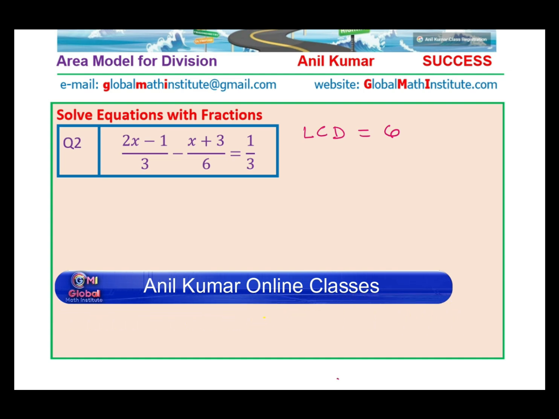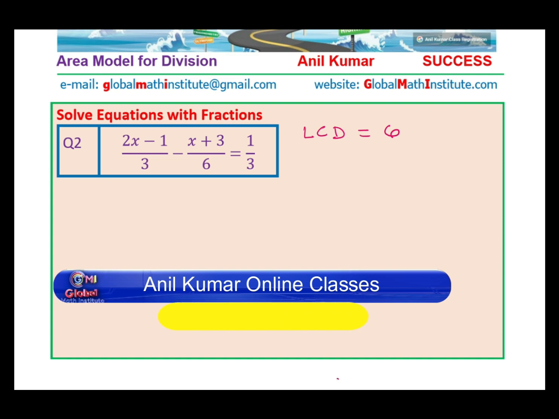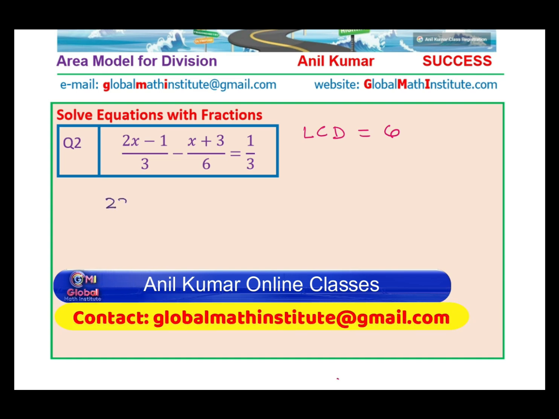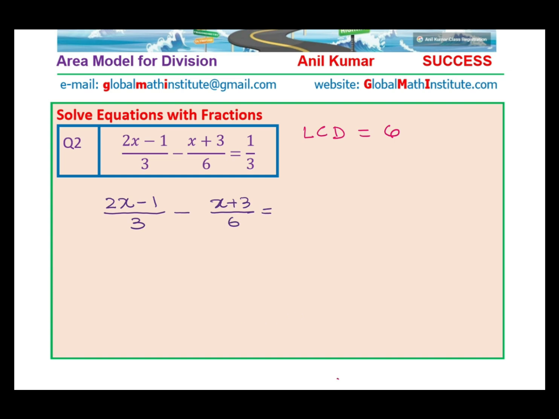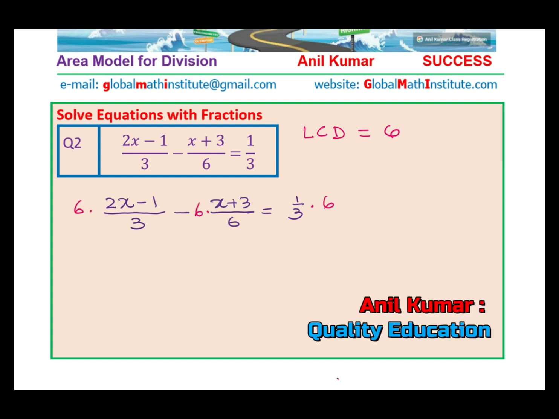So let's rewrite the question, which for us is 2x minus 1 over 3 minus x plus 3 over 6 equals to 1 over 3. Each term is going to be multiplied by 6. You see, each term is being multiplied by 6. So when you do that, now when I say 2x minus 1, so think like this, right?